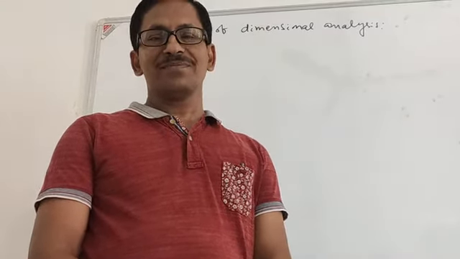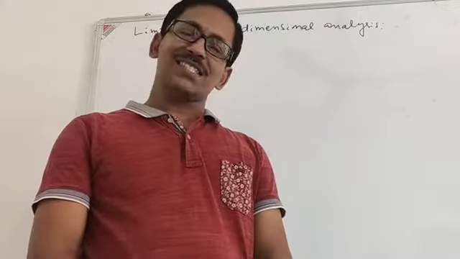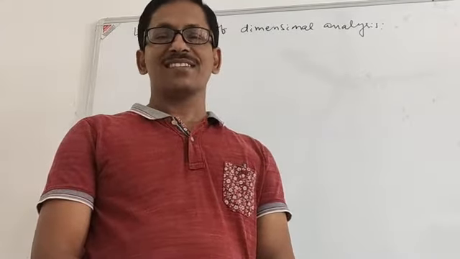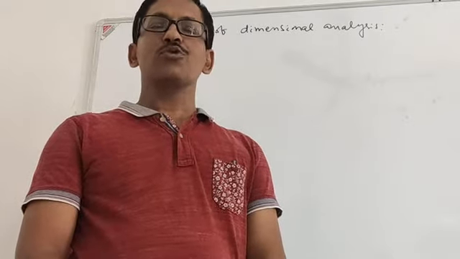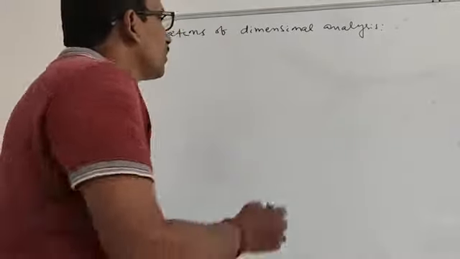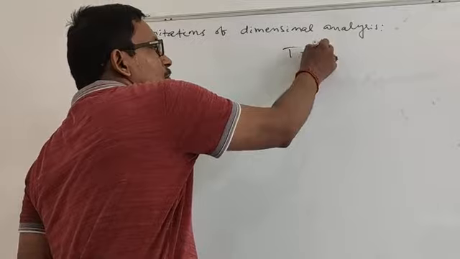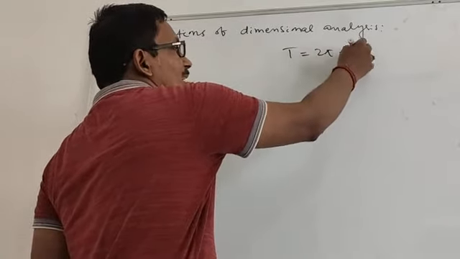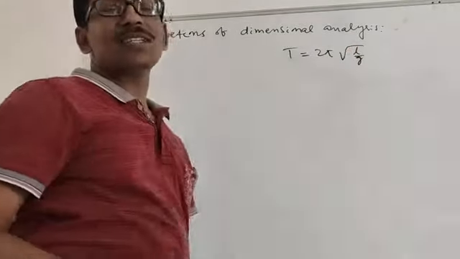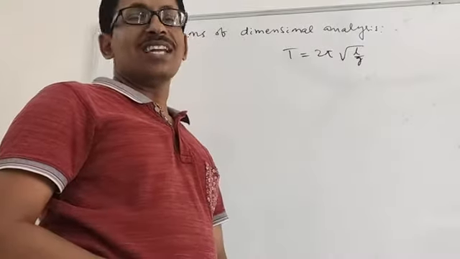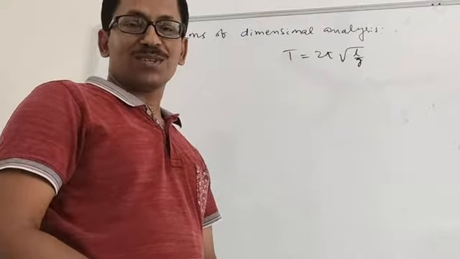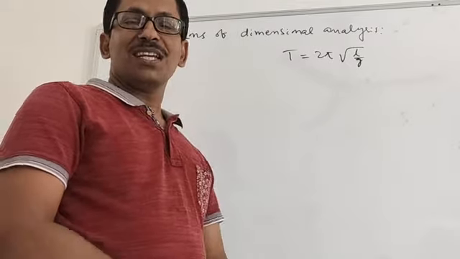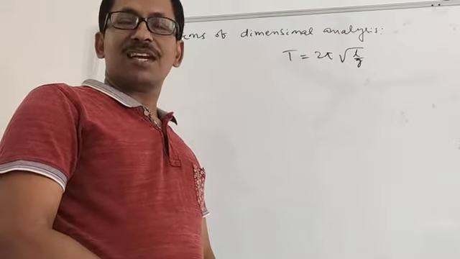First one, the dimensional analysis is silent about the proportionality constant. Suppose we have derived the time period of a simple pendulum, T is equal to 2 pi root over L by g. Dimensional analysis cannot say anything about whether it is 2 pi or 4 pi or any other number.